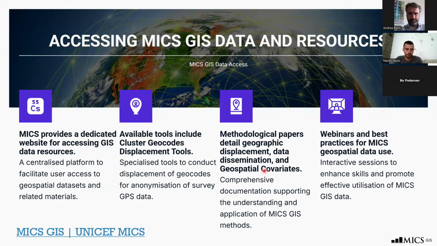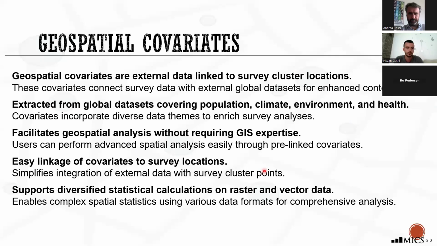And most important, you can get access to the GIS data sets: the survey boundaries and GPS data sets till today, and from now on, the geospatial covariates data sets as well.